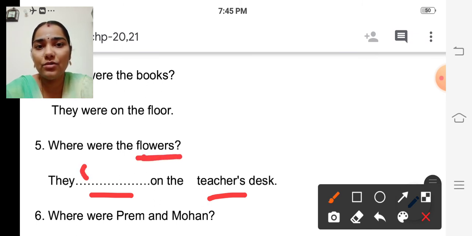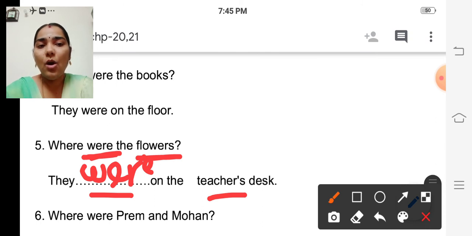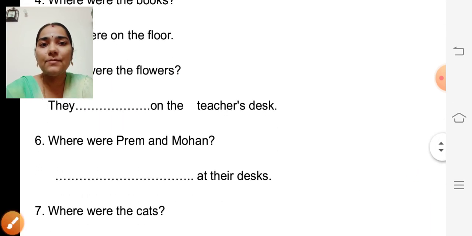So we have to use were. In the question itself, they have given were. So they were on the teacher's desk. Is it clear? If it is singular, we have to use was. If it is plural, then we have to use the verb were. Okay? See the next question.